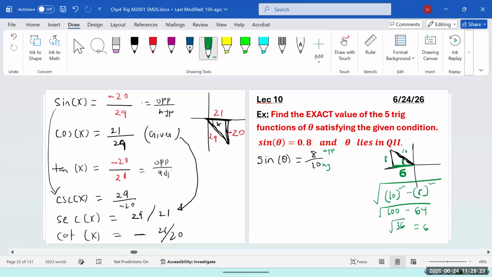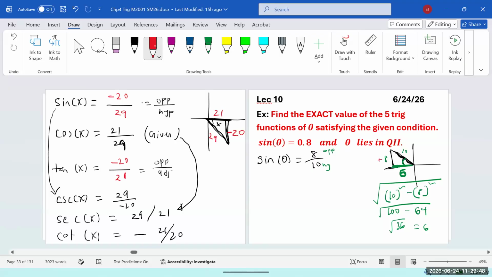Now the question is, on the second quadrant, which is positive, which is negative between x and y? X is negative, y is positive. So the 8, does it represent the y value or the x value? Y. So y is positive. We're not going to change the sign. How about the 6? Is 6 the x value or the y value?